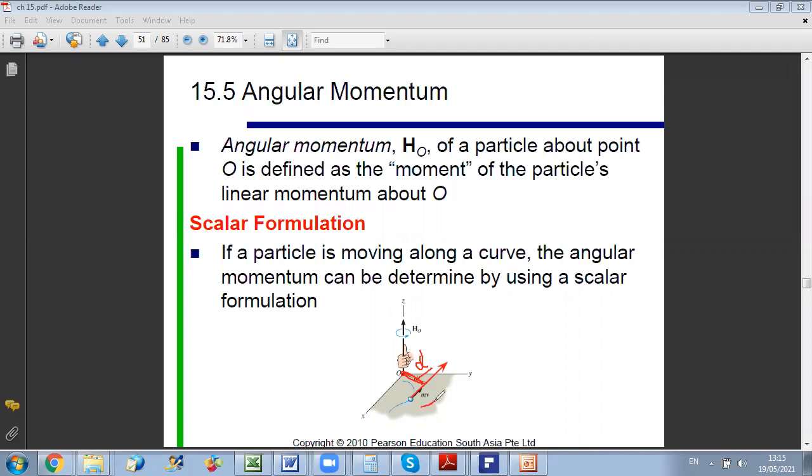Okay? And to know the sign, whether it is along positive z or negative z, we use the right hand rule. Just like you did with moments of forces, the same concept, but here instead of taking the moment of a force, I take the moment of a vector which is the linear momentum mv. So this is the definition of angular momentum. It represents the moment of the linear momentum. Now, how we use it, we will see in this section.